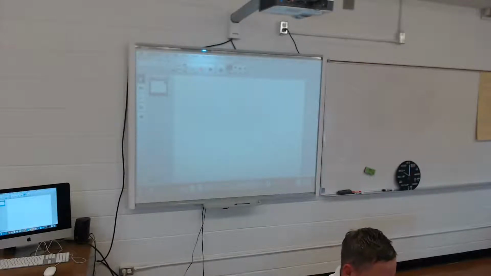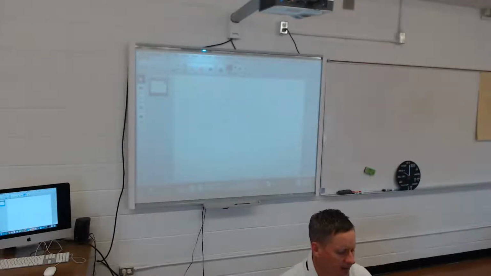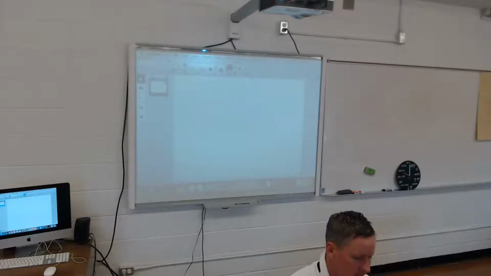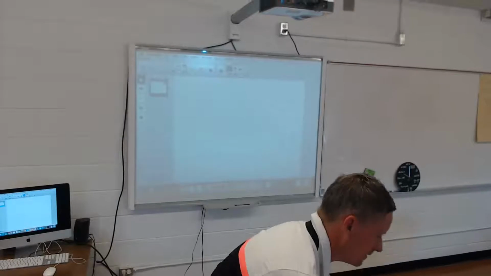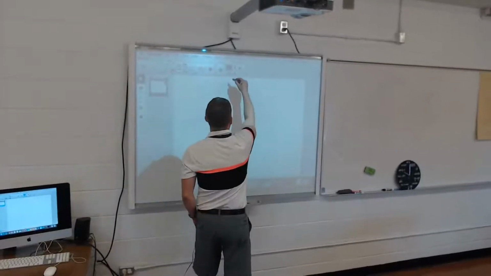Okay. All right. So you have a 500 space parking lot. So the total number of vehicles you can have in that parking lot is 500, right? So the first thing that you do is you have to make your defining statement.